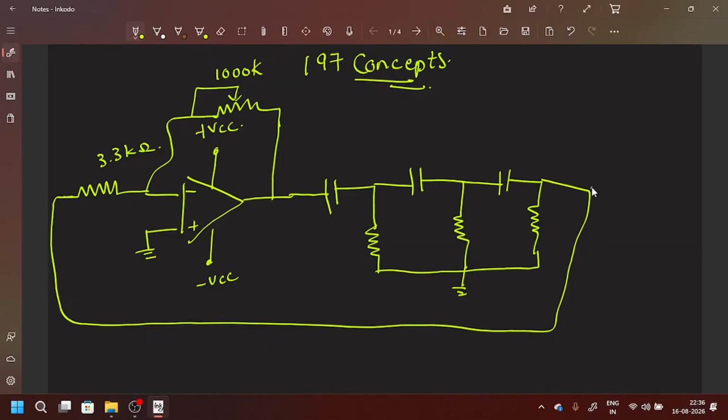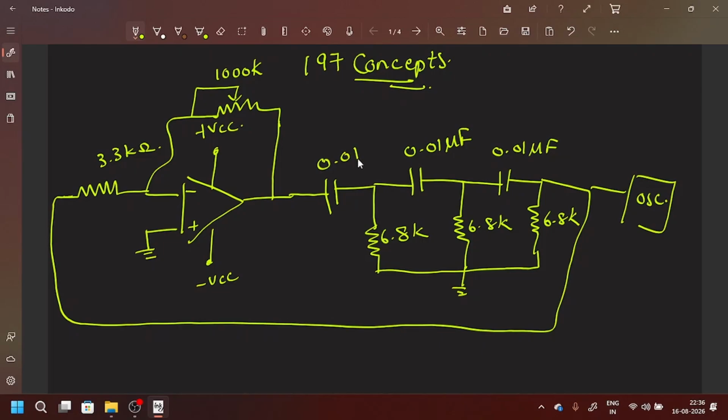Okay, finally I'm going to keep here an oscilloscope and check the output. So this is our circuit, and the values are 6.8 kilo ohms, 6.8 kilo ohms, 6.8 kilo ohms, and 0.01 microfarads, 0.01 microfarads, 0.01 microfarads. So this is the complete circuit.